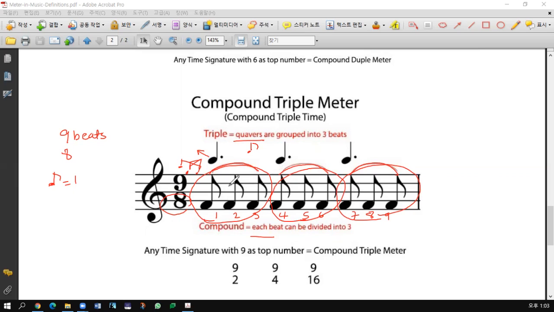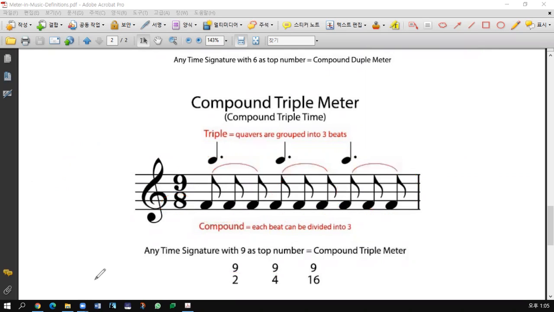But you can also count 1, 2, 3, 1, 2, 3. So eighth notes are grouped into 3 bits. So any time signature with 9 as the top number is compound triple meter. Like here, 9/2, 9/4, 9/16, for your understanding.